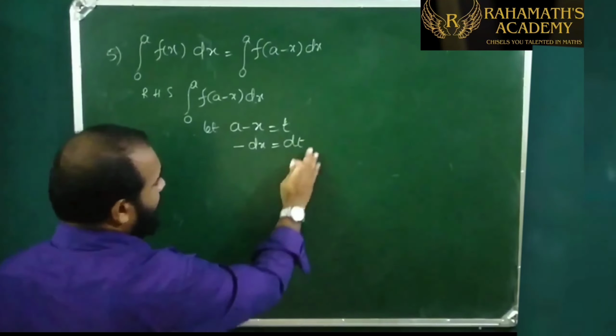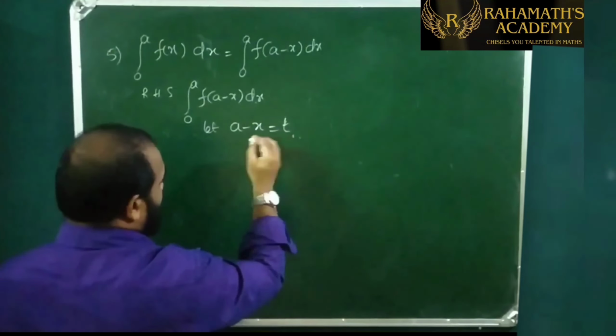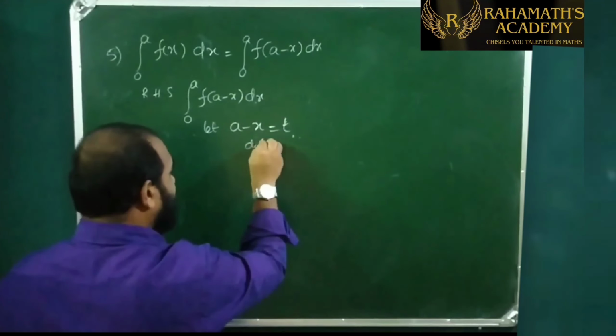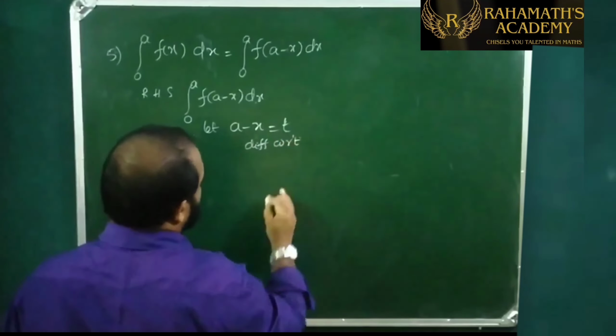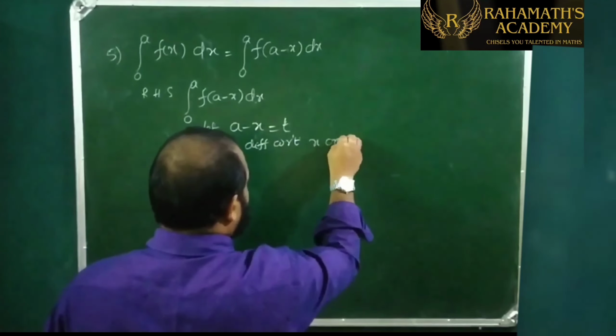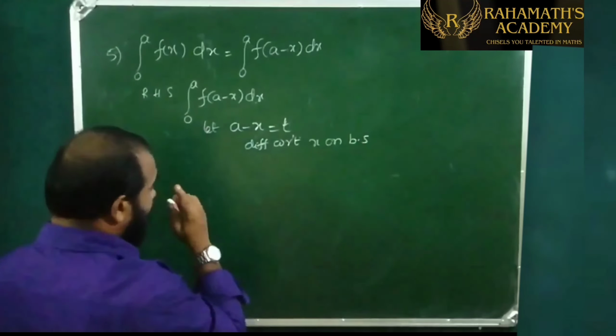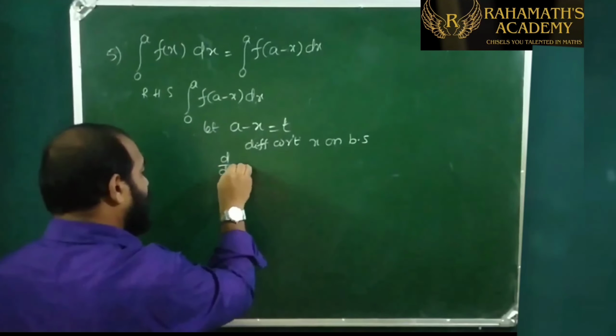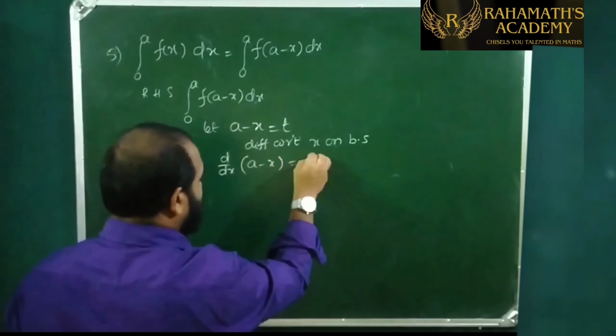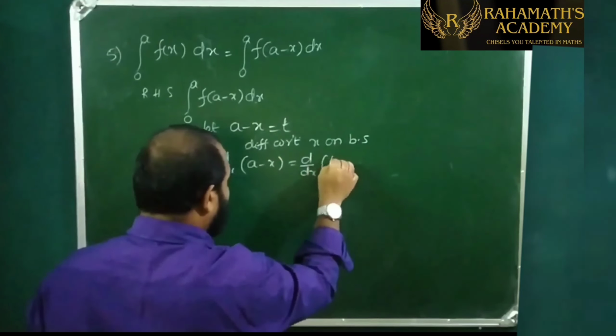How did it come? Differentiating with respect to x on both sides, d by dx of a minus x is equal to d by dx of t.